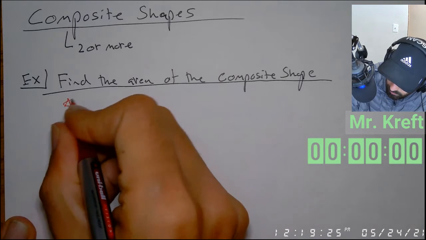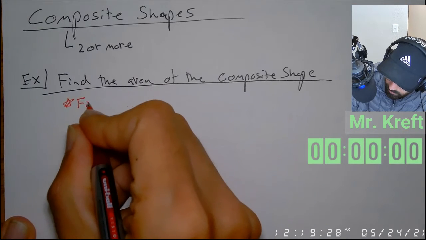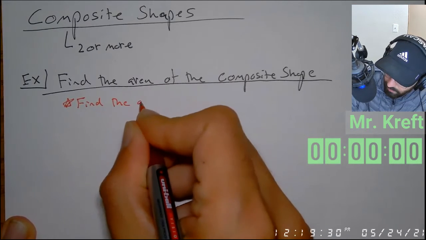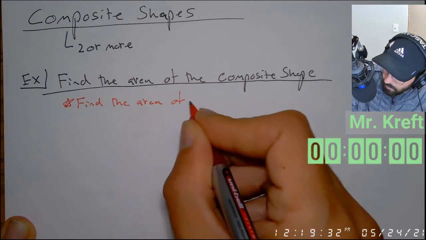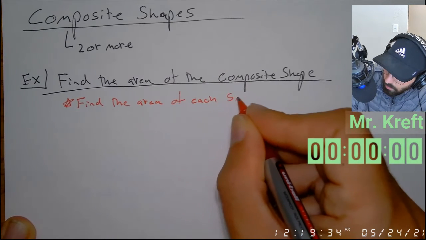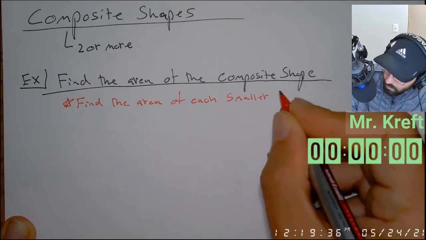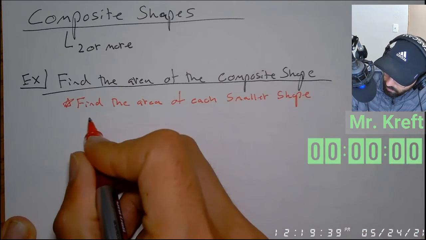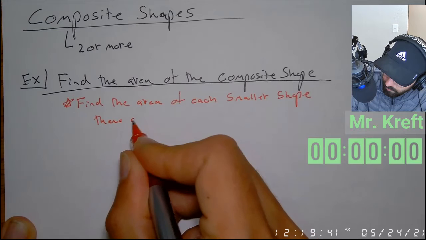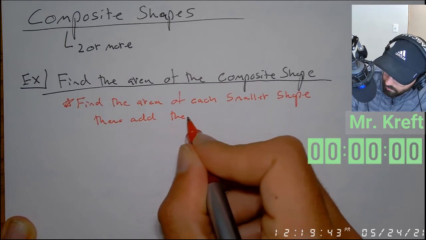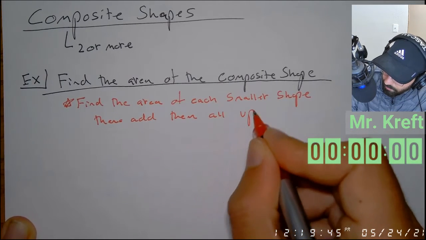And here's my hint: find the area of each smaller shape, then add them all up.